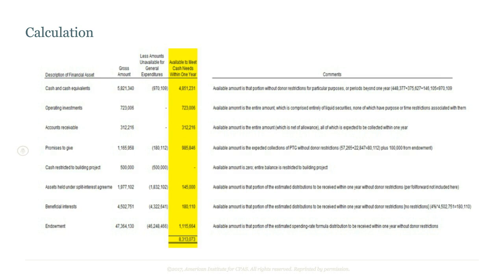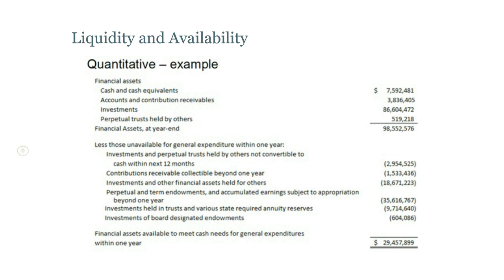This is an example using the gross approach to displaying this information. You can see here it starts off and lists out the financial assets, cash and cash equivalents, accounts receivable, investments. And these amounts likely would agree to the amount on the statement of financial position as a starting point. And then below, they have listed out the types of things that would pull amounts out of the amounts above.